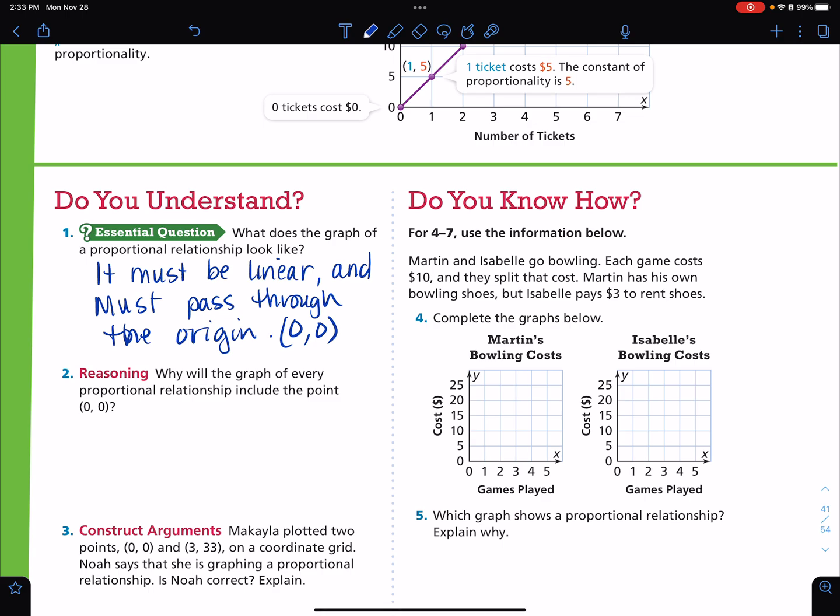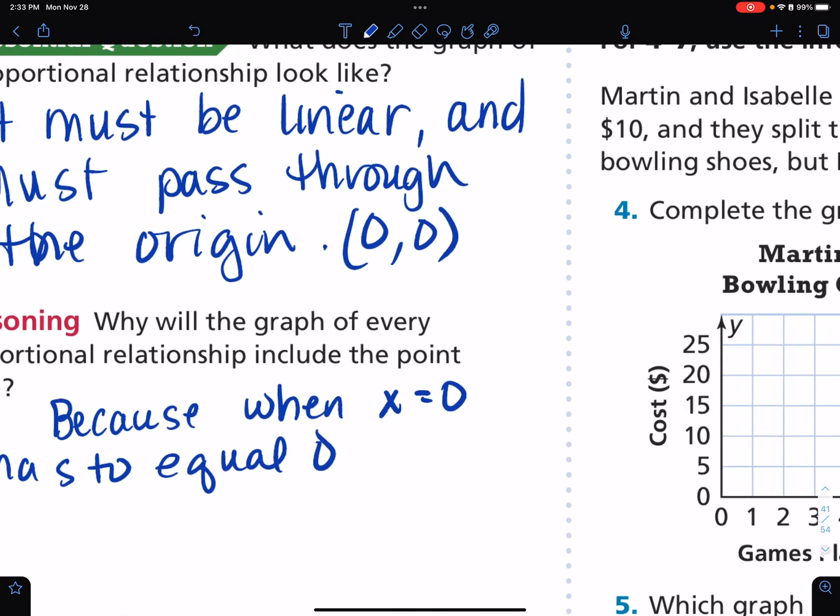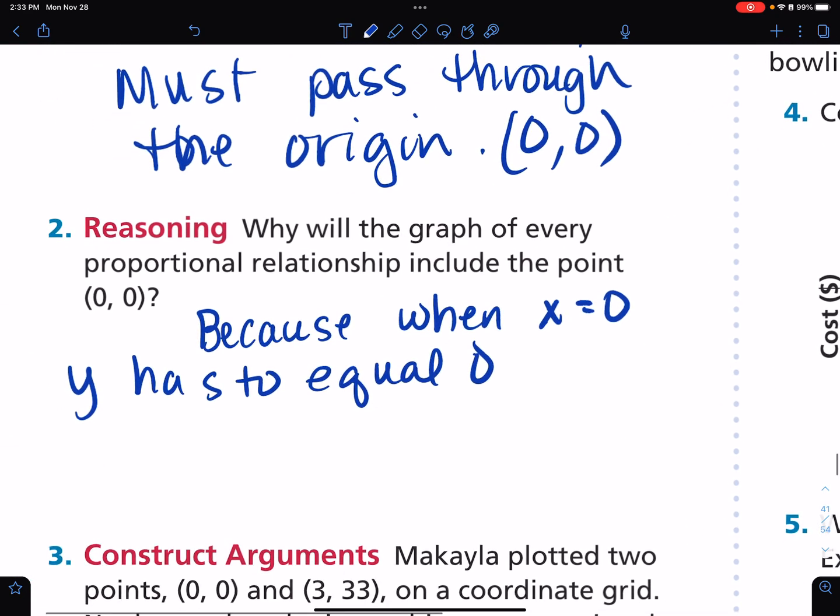Why will the graph of every proportional relationship include the point 0, 0? Because when x equals 0, y has to equal 0. And I will explain why.